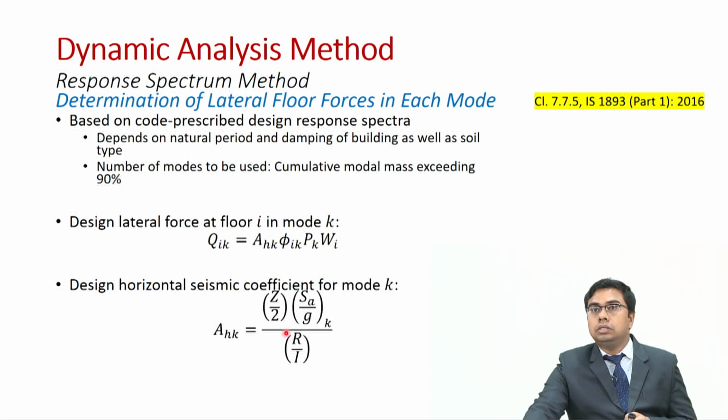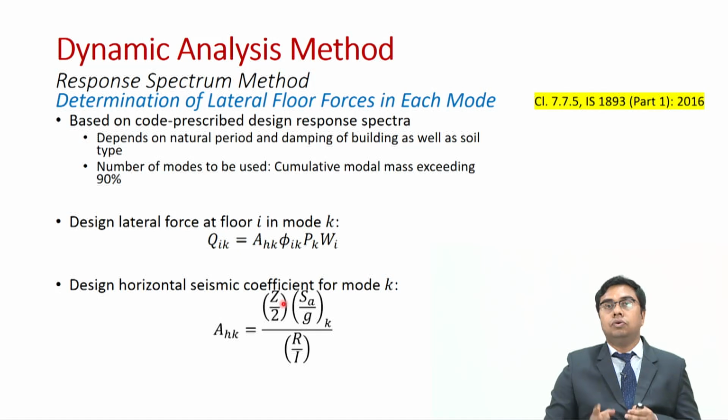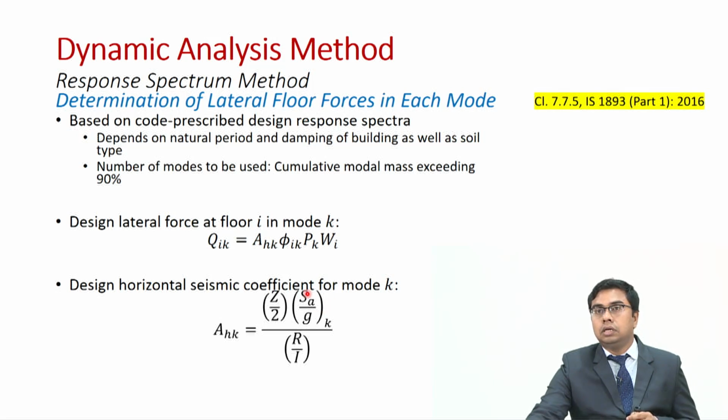Now, this is equal to Z by 2 times Sa by g divided by R upon I. Now, Z is the zone factor. We have learnt about the zone factor while we were studying the equivalent static method. It depends on the site location based on the regional seismicity of the site. Sa by g is the acceleration coefficient, and therefore it depends on which mode you are considering.